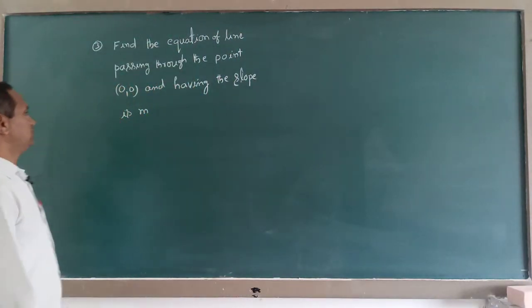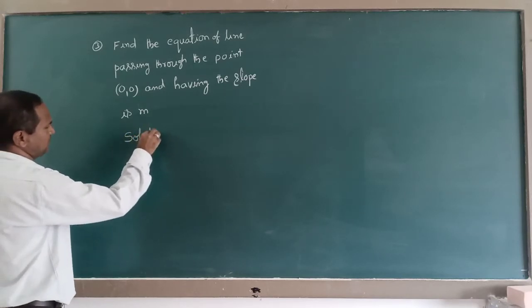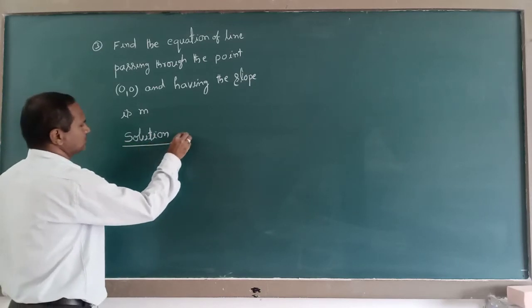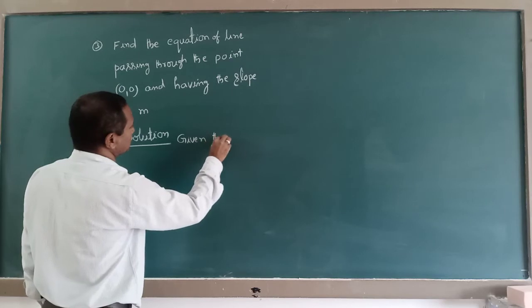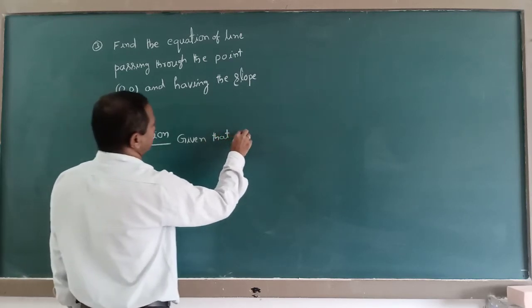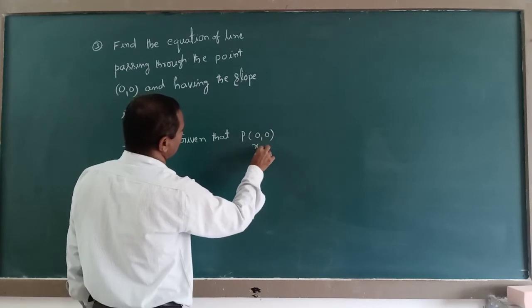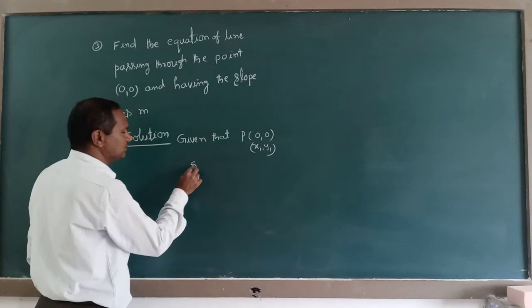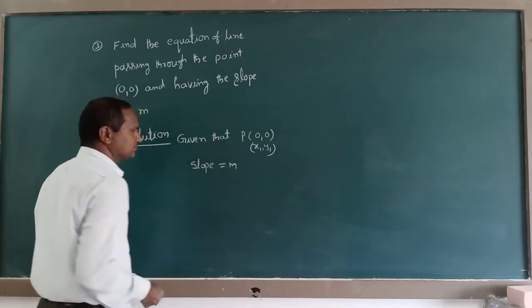So the solution for this question is, given that point P is 0, 0, consider it as x1, y1. The slope is equal to m here.